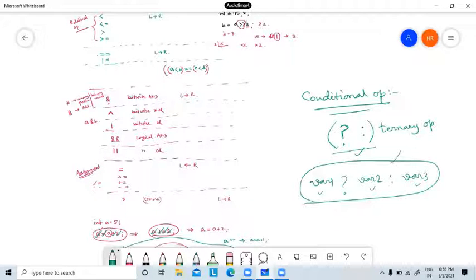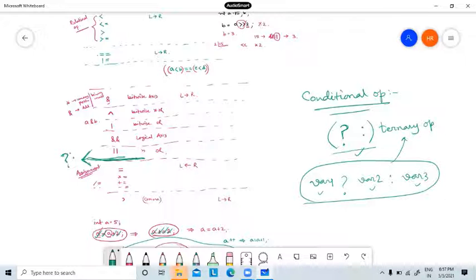That's why it is called the ternary operator. The combination of question mark and colon is called the ternary operator or conditional operator. Its precedence is in between: after the logical and, and before the assignment operator.